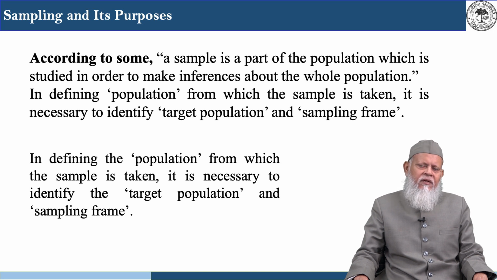In the case of infinite population or in the case where the sampling units are getting wasted, this is a compulsion. There is no way but to go for a sample study, make a sample and go for a sample study and generalize the findings of the sample for whole of the body.